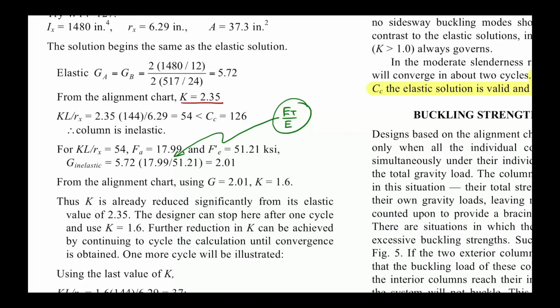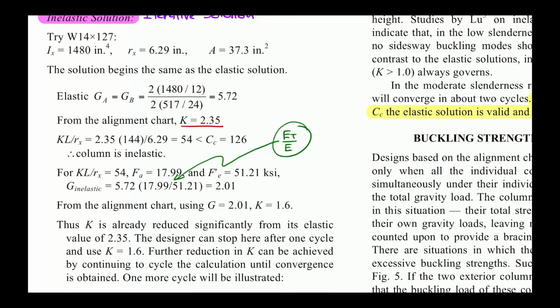Then fill in, drop in the values, and you will find that the KL over R ratio is less than the C subscript C. That indicates the inelastic buckling of the column.